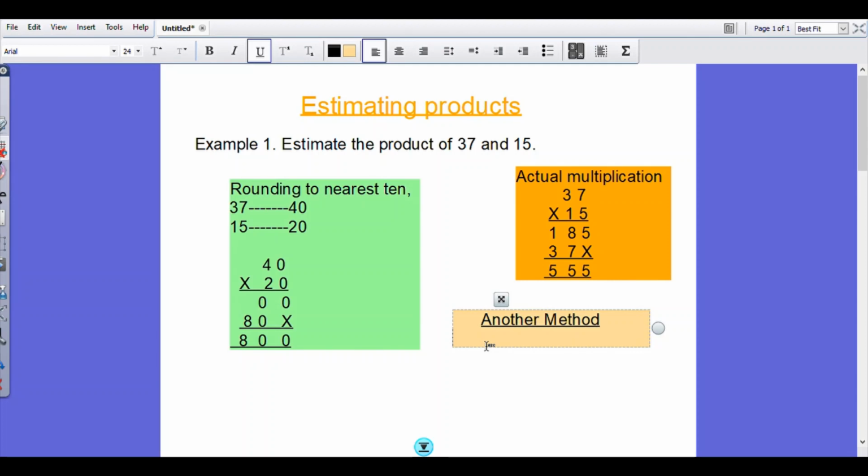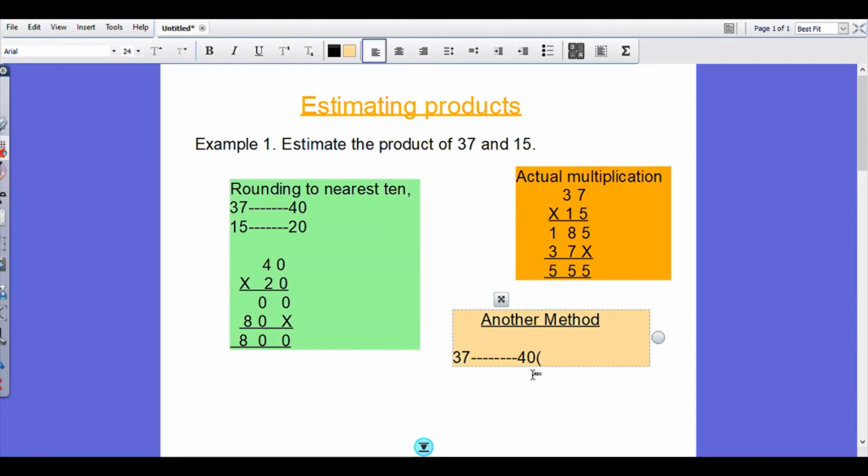So see, 37. We round 37 up, so the rounding of 37 is 40.